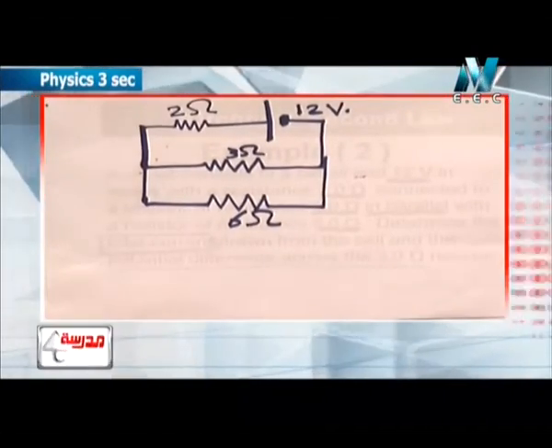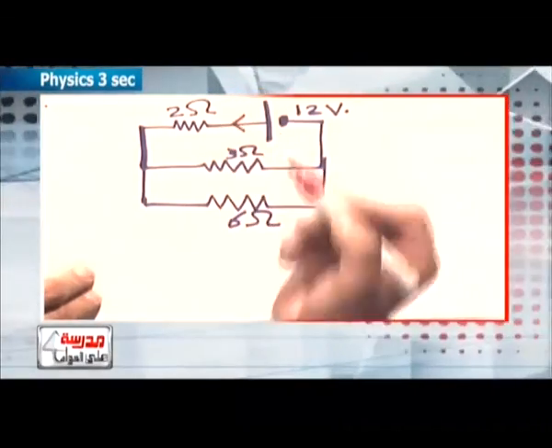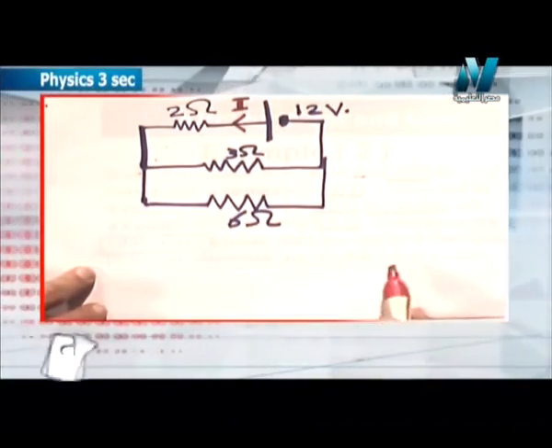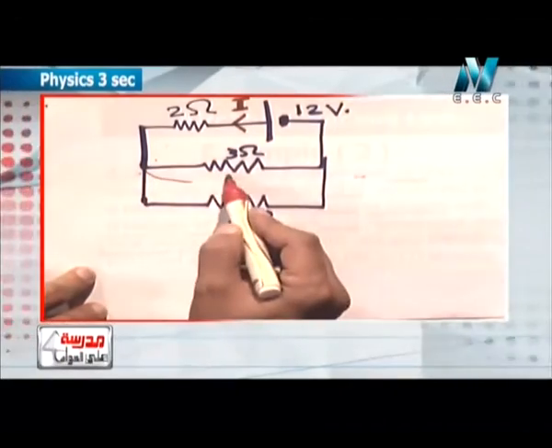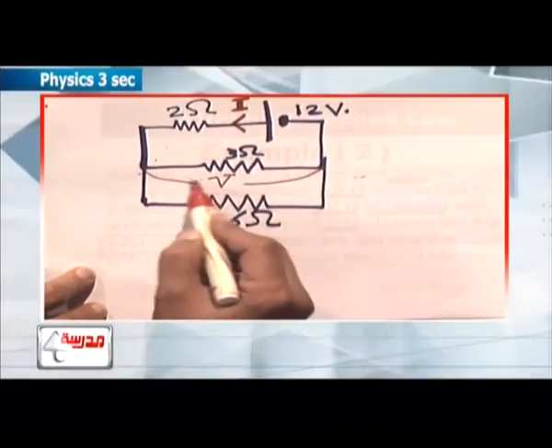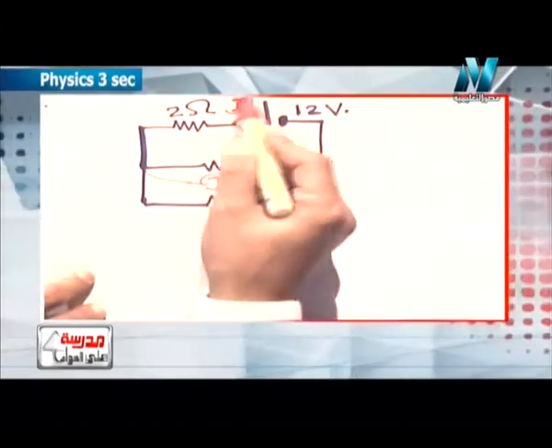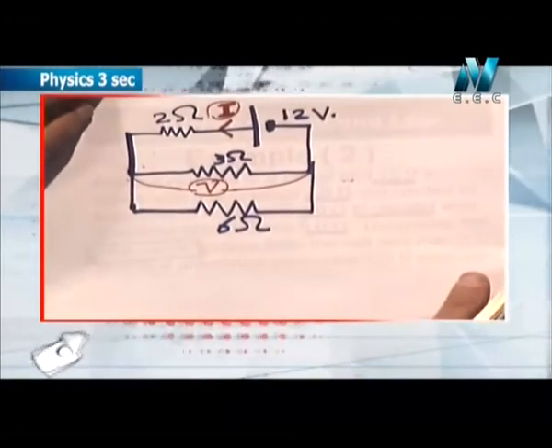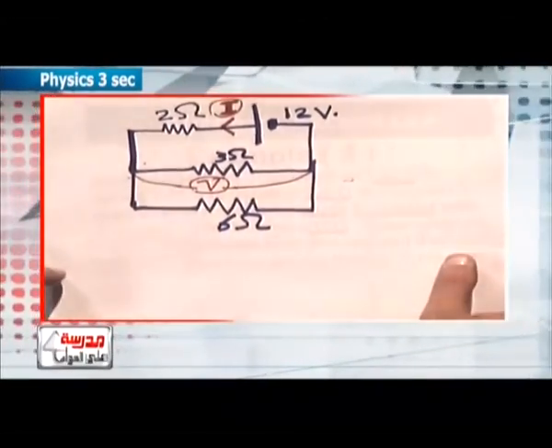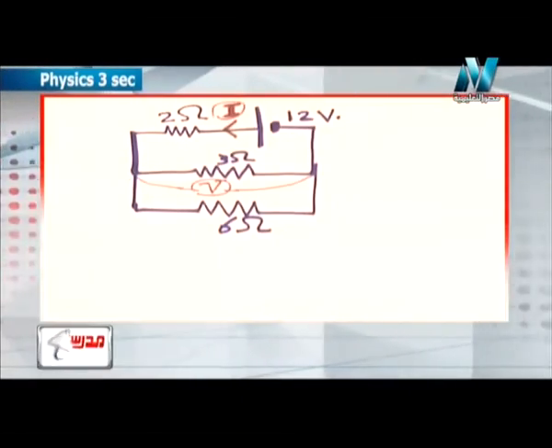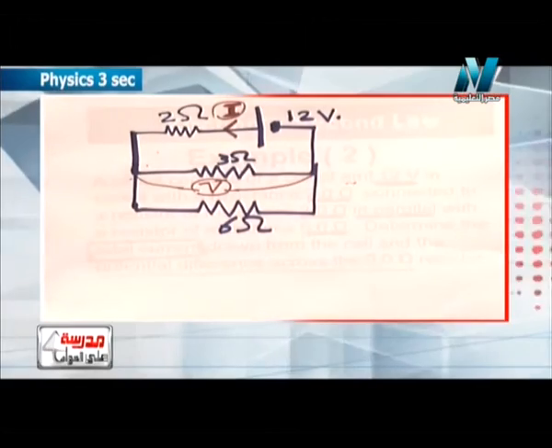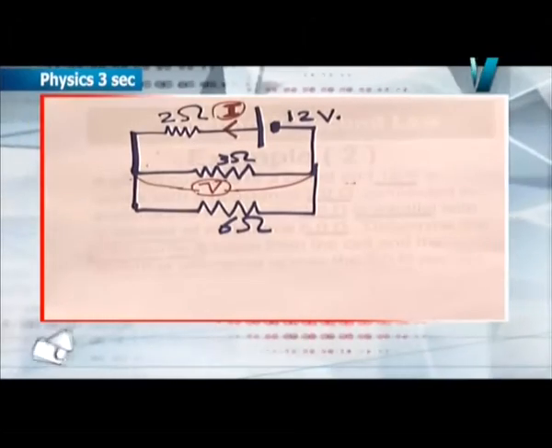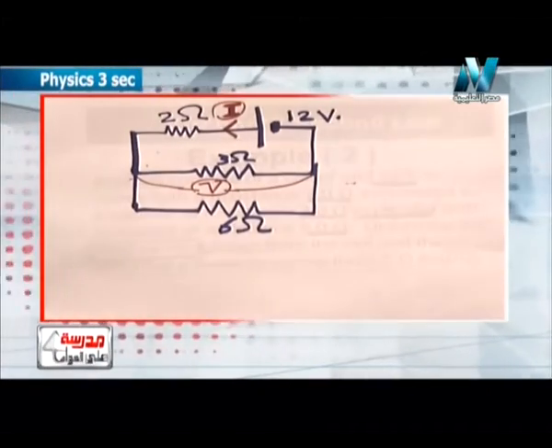The total current that comes from the battery, I total, and the potential difference across the 3 ohm resistance. How do we calculate that? Pay attention. We can calculate that by two methods: by using the previous lessons, series and parallel connection, or we can apply Kirchhoff's second law and Kirchhoff's first law. Okay, let's continue our solving.